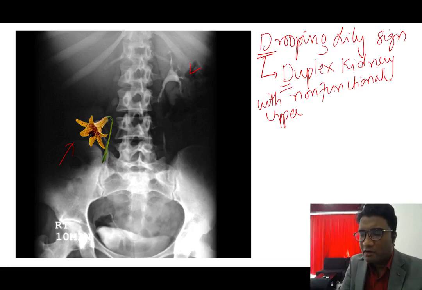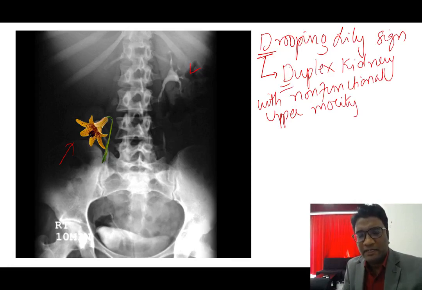So the upper kidney will not take up the contrast at all, will not excrete the contrast into the pelvic calcial system. So you will not have the upper kidney visible, and it will keep pushing the lower kidney downward, producing this drooping lily sign. So drooping lily sign is seen in duplex kidney with non-functional upper moiety.